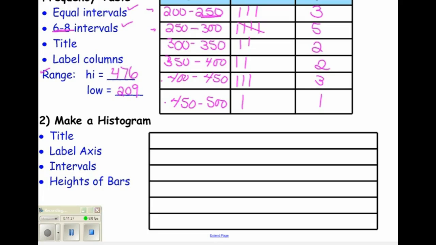Now we're going to take and turn that into a histogram. Once again, you'd want to put your title up here. And then I'm going to put the height, and it looks like the most that occurs is 5 times, so I can go by ones: 1, 2, 3, 4, 5, 6. This would be our frequency, how often the category occurred.